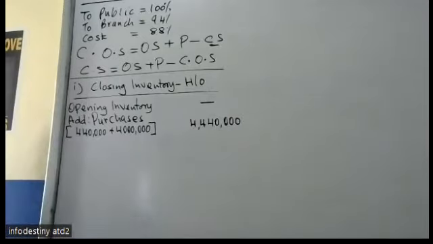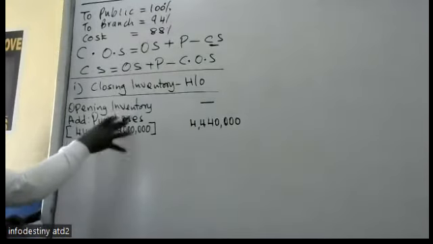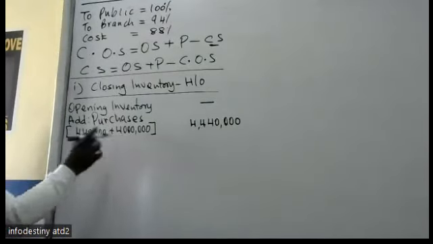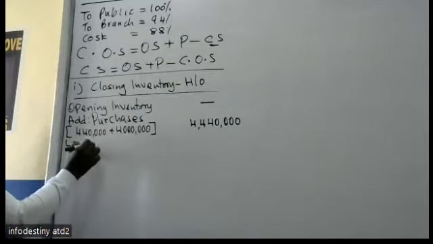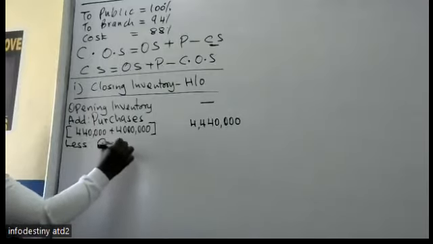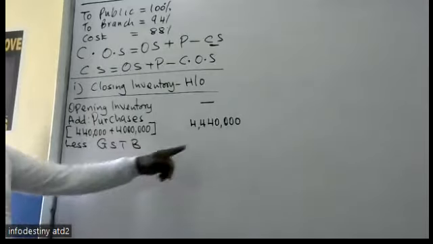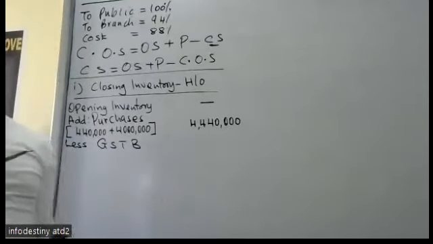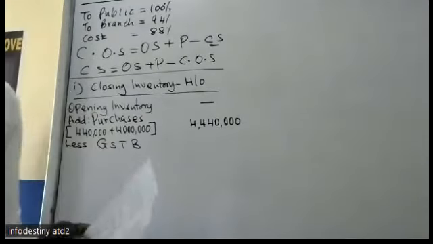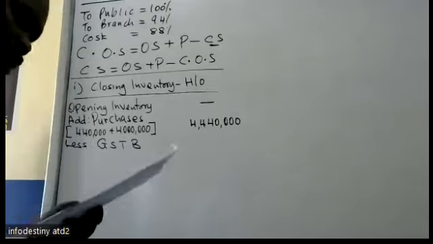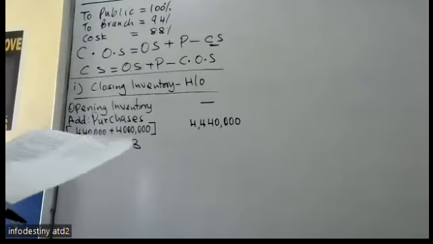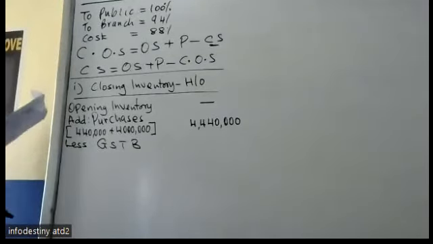Then, before I come to cost of sales, you subtract. These are the goods that head office had purchased, but there are some which they had sent to the branch. So goods sent to branch, I will subtract them from what we were having. Check in your trial balance. Are you seeing goods sent to the branch? Yes.